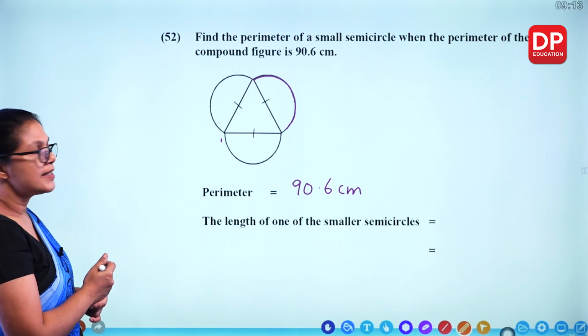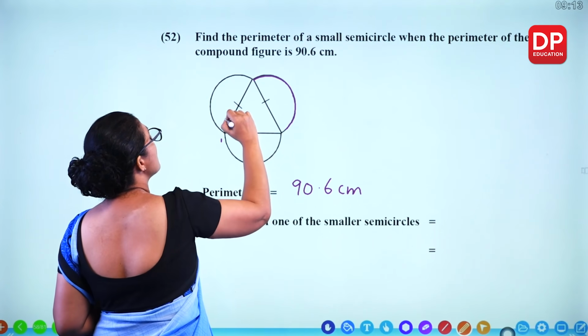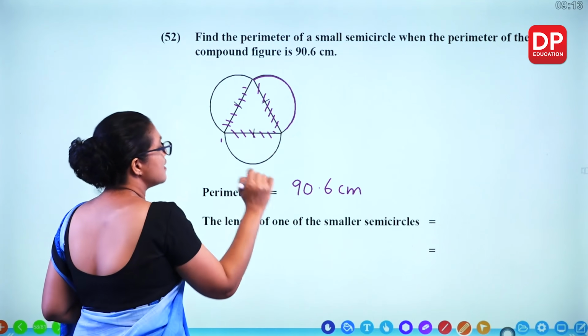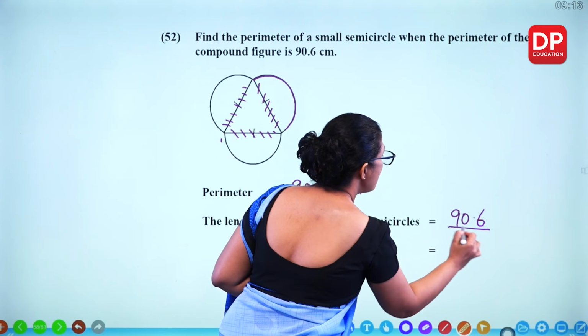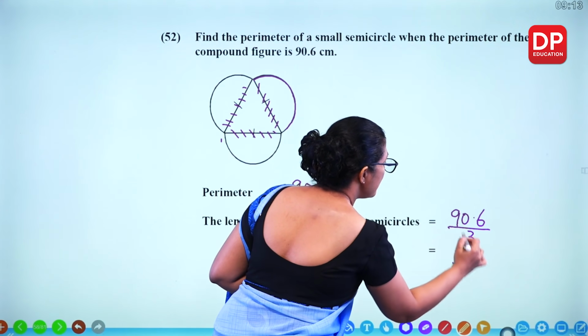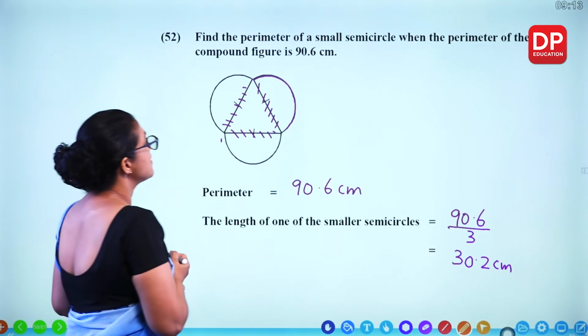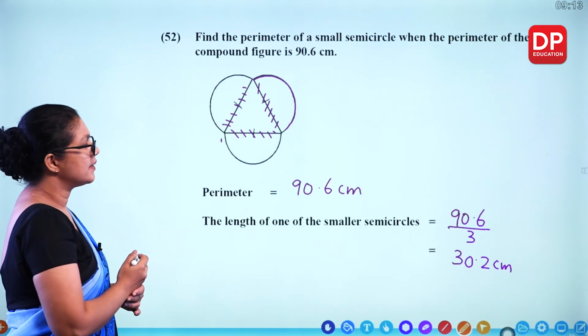You have to divide this by 3 because perimeter means 3 lengths. We are not considering inside lengths. So take 90.6 divided by 3, that is one length: 30.2 centimeters is the length of one semicircle.